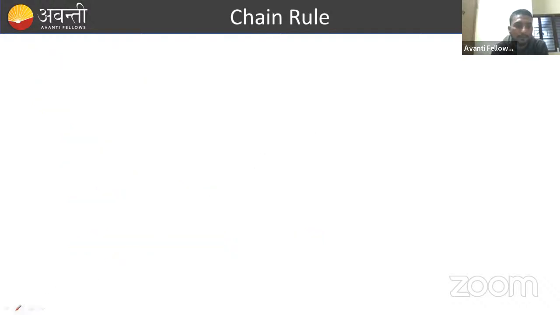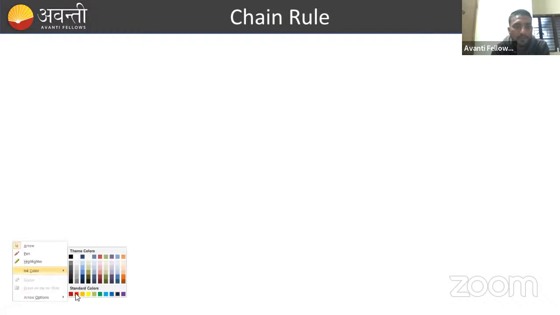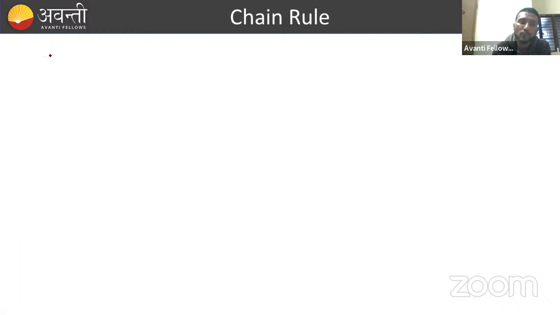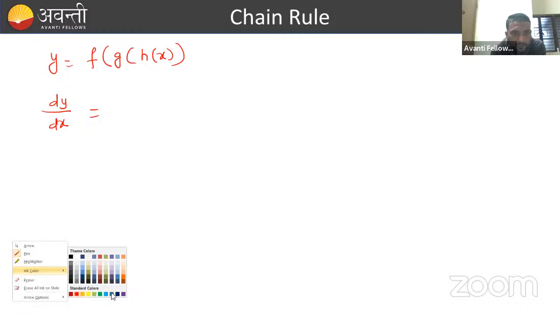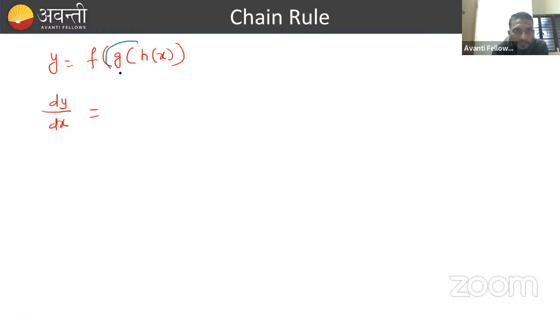What is the format? Suppose we have y equals f of g of h of x, like a composite function. Chain rule is nothing but the differentiation of a composite function, when this kind of function comes. If you have to find dy by dx, what we need to do is consider this as t.